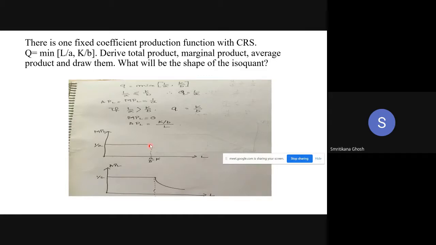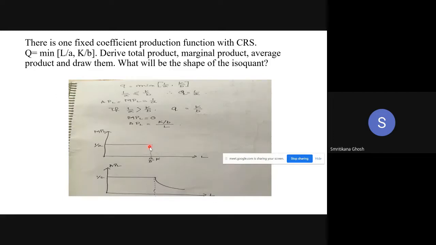And if L by A is greater than K by B, that means you have employed a significant amount of labor. That means you are in this stretch. Here, your MPL is 0. Before that, your MPL is 1 by A. If you are employing relatively less labor, so that L by A is less than or equal to K by B, for that part MPL is equal to 1 by A. So it's constant, that is why parallel to the horizontal axis.